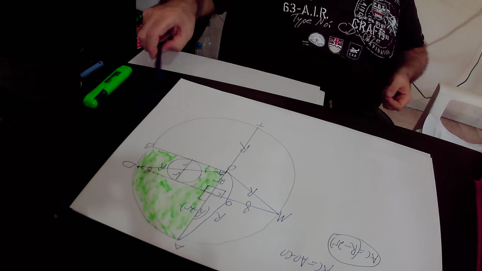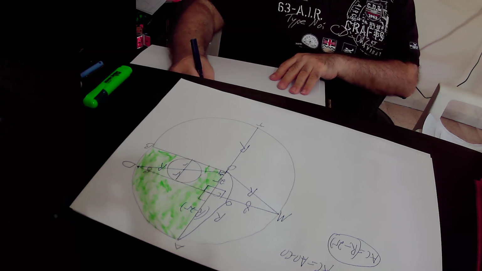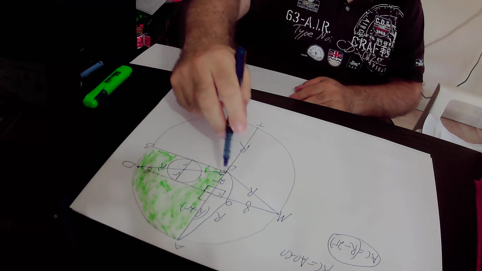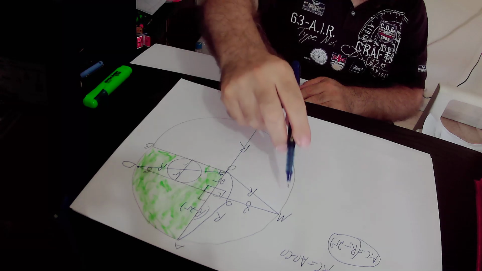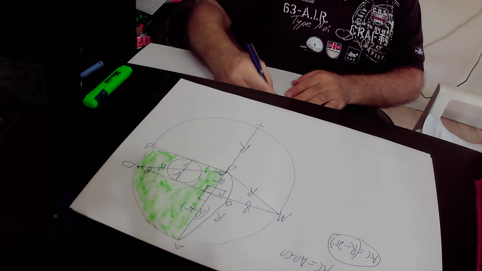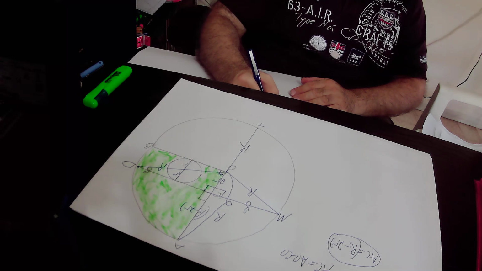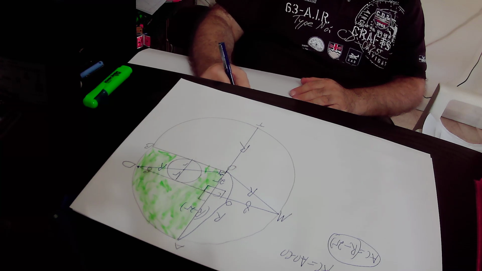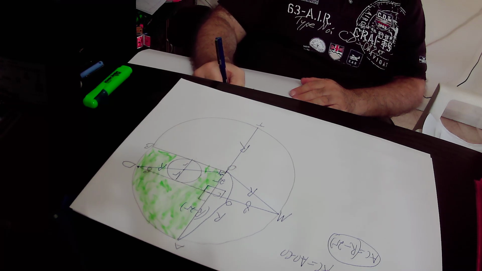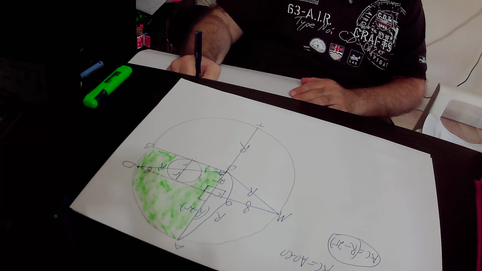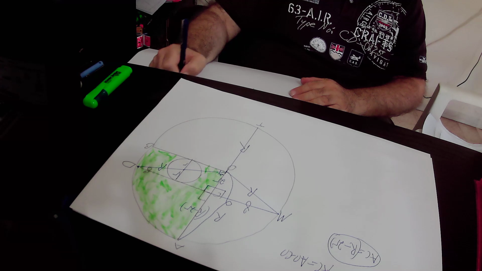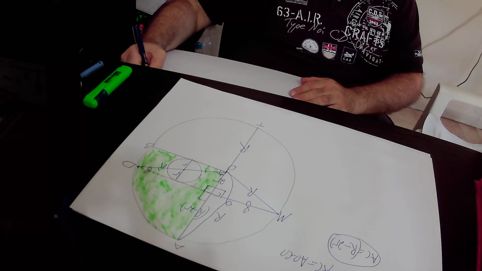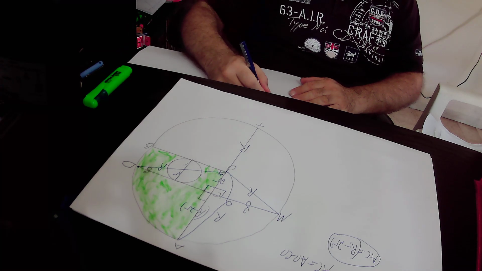Because in our drawing, we have chord AT that intersects with chord MD at point C. Again, chord AT intersects with chord MD at point C. I write it down: chord AT intersects with chord MD at point C. Point C is the intersection point.